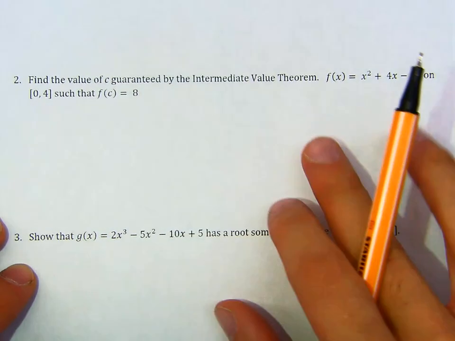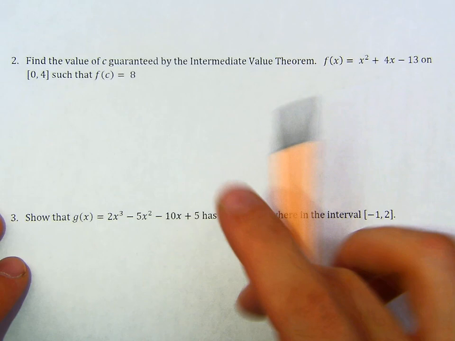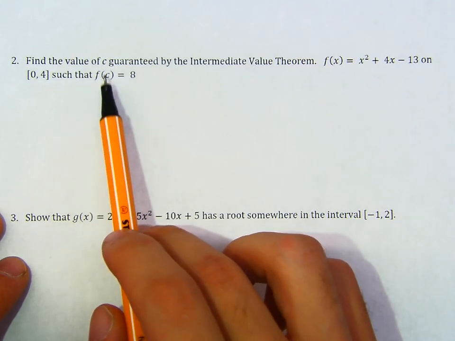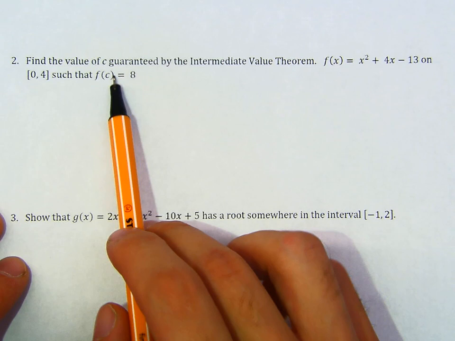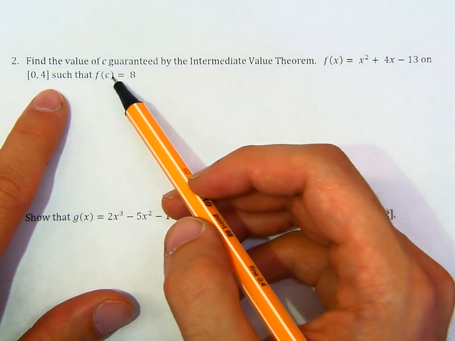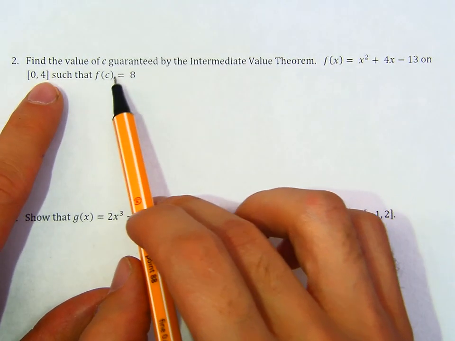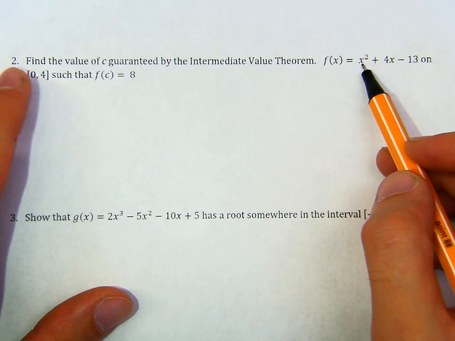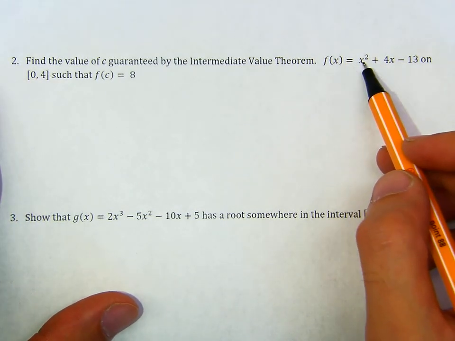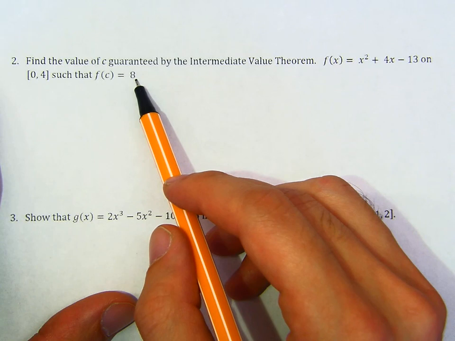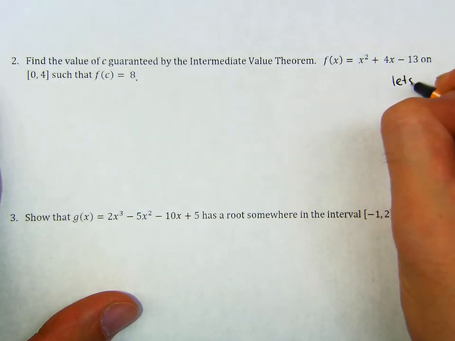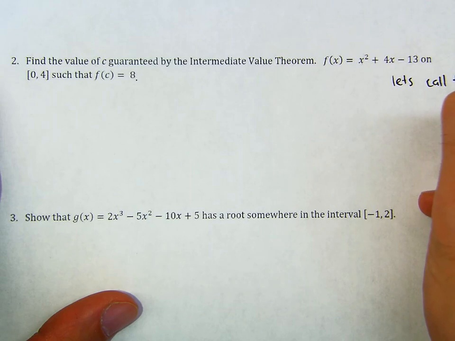Okay, for this question, it's very similar to the question I did in part 1, but what this question is asking, and if you want, put on the subtitles and write this question down, is what x value, when you plug it in here, gives you 8? And notice that x value, let's call that x value c, right?